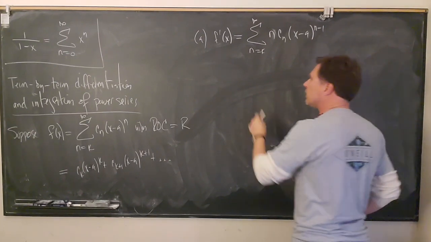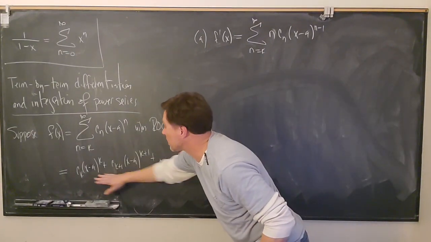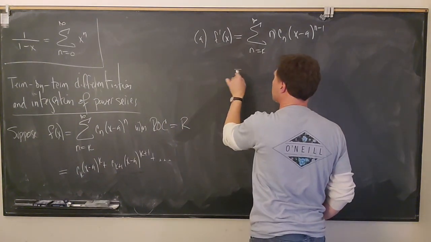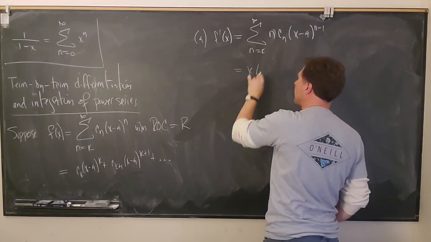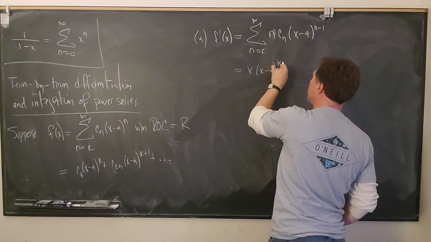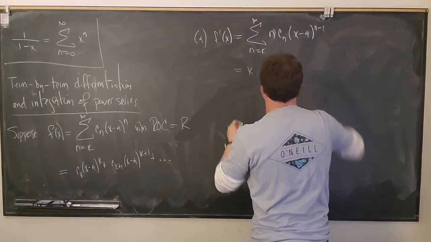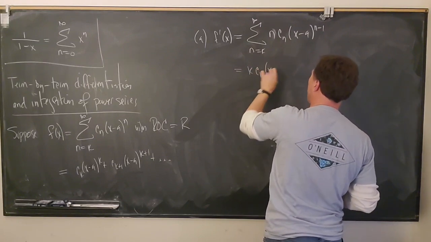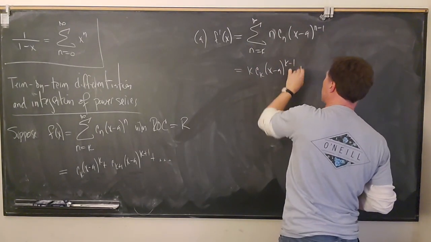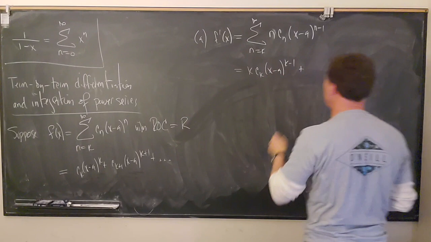Take the derivative exactly as if it was a polynomial. You don't need to write this down, but what I would get is k times c sub k times (x minus a) to the k minus 1, plus, what's the derivative of the next piece?